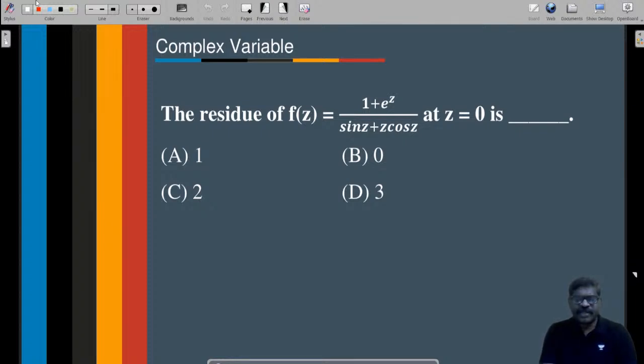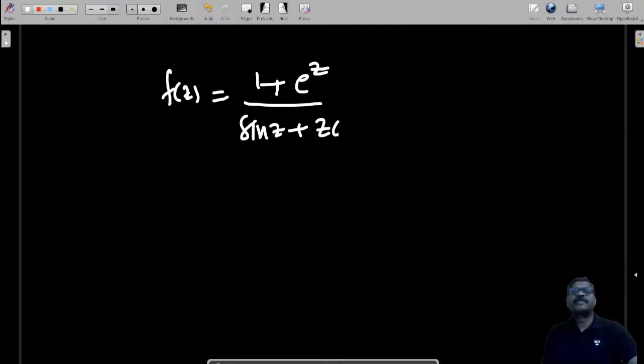The residue of f(z) = (1 plus e power z) by (sin z plus z cos z) at z equal to 0.